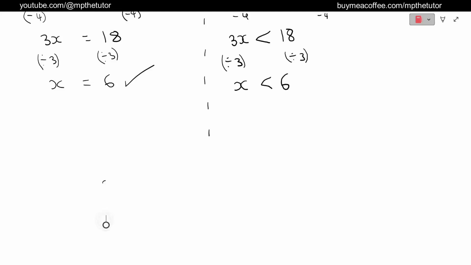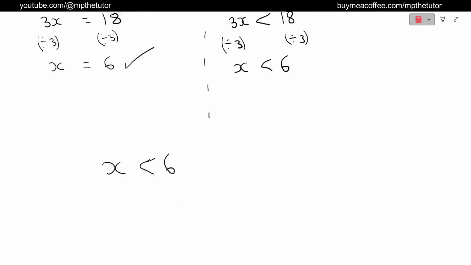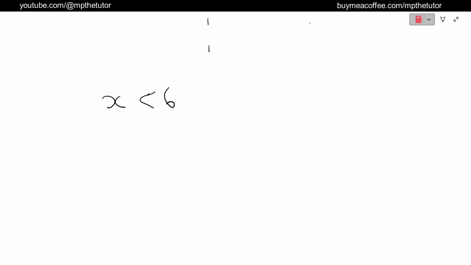If I have that x arrow 6, what that means is x is less than 6. So if I have an arrow, this is the less than side, this is the greater than.